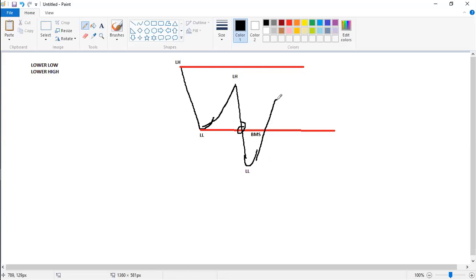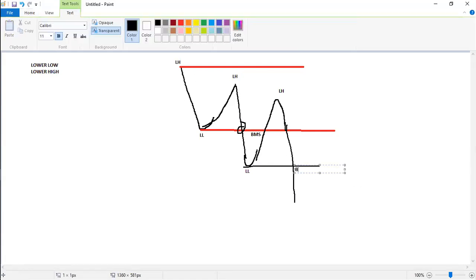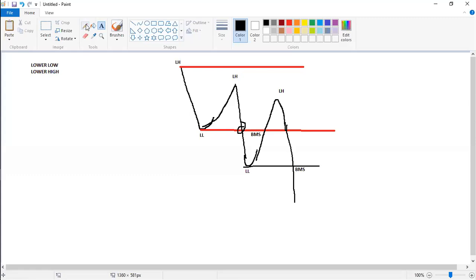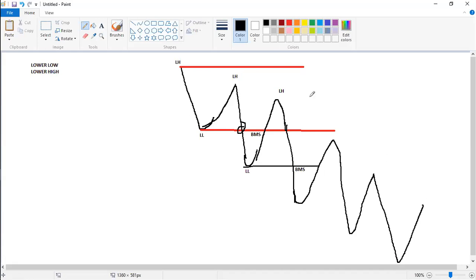Price goes up. Lower high. And then BMS. So this is the downtrend. Lower low, lower high, lower low, lower high, lower low, lower high.